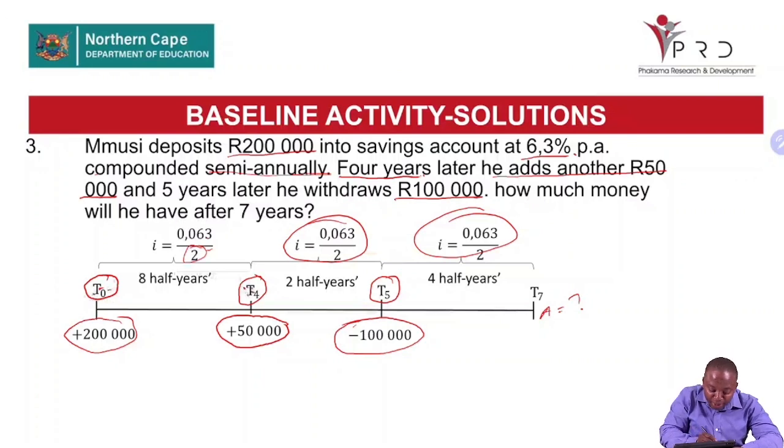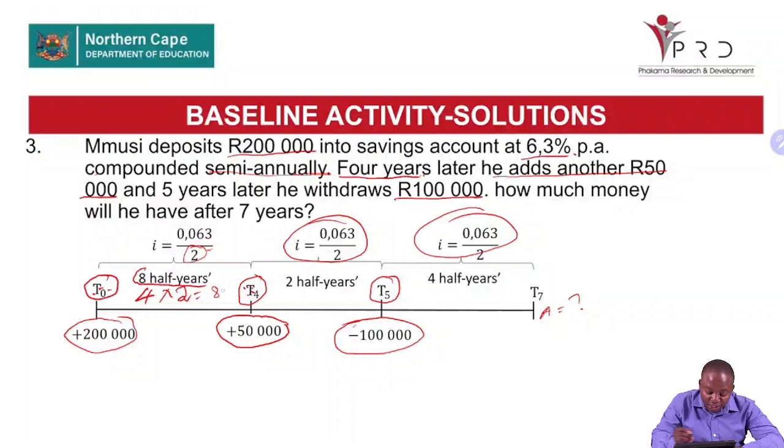In this case, we just say 4 minus 0, we get 4. 4 multiplied by our compounding period, which is semi-annually. Semi-annually means 2. Then we get 4 times 2, which is 8. The 8 there is the one we're quoting to say we have 8 half years. So the interest was compounded 8 times between T0 and T4.